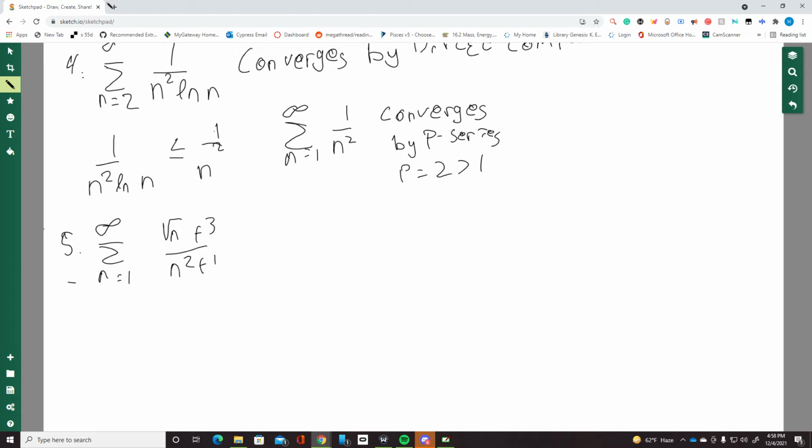Again, we can try to use the divergence test, the limit as n goes to infinity of this, and you can notice that the top is n to the 1/2 over n squared, and because the top power is less than the lower power, this will be 0 and the divergence test will not work.